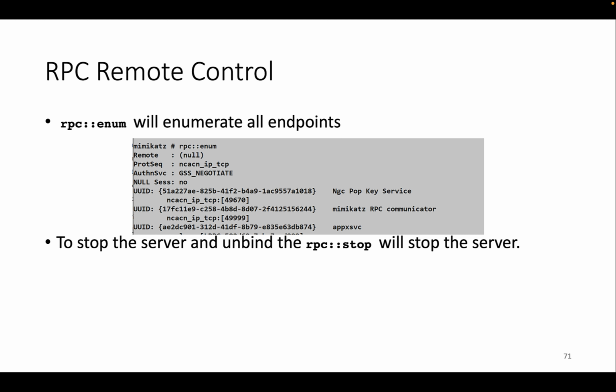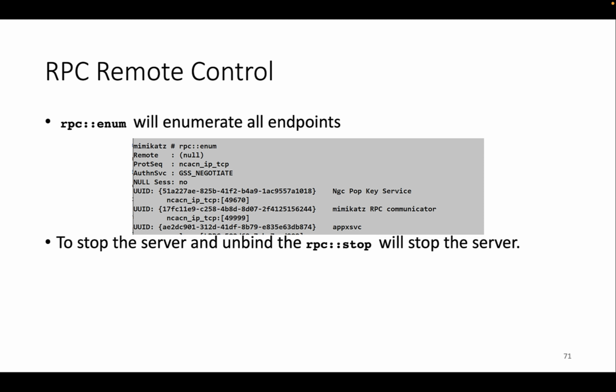We can also enumerate all of the RPC endpoints, and we're going to be looking specifically for this UUID that is going to be unique for Mimikatz. And also, if they have not modified Mimikatz itself, you're going to actually be seeing Mimikatz RPC communicator come up as a name of an endpoint set up on that machine.